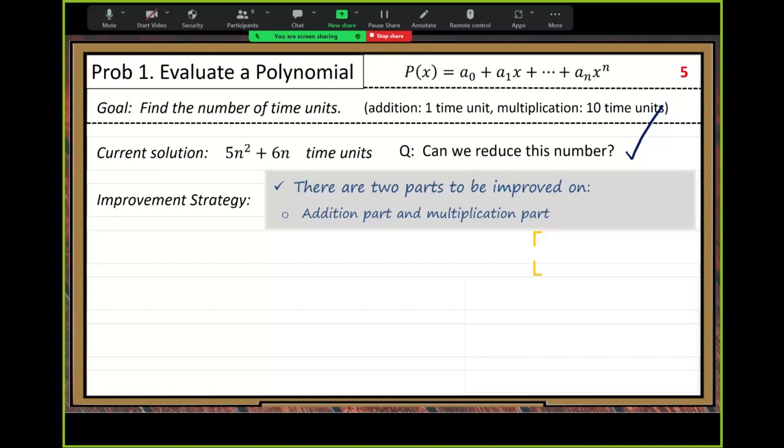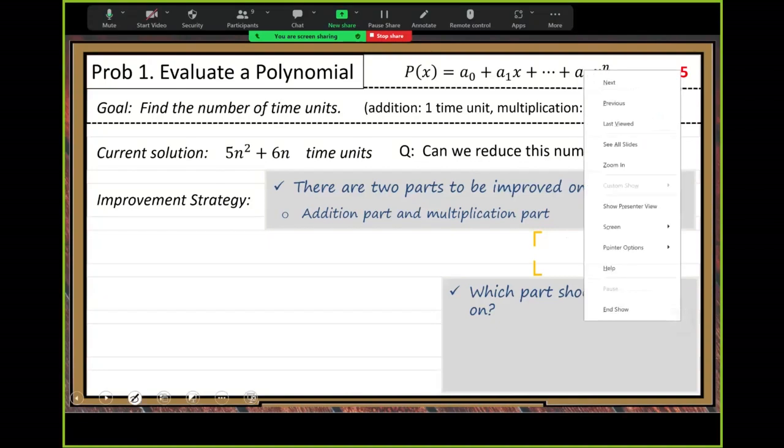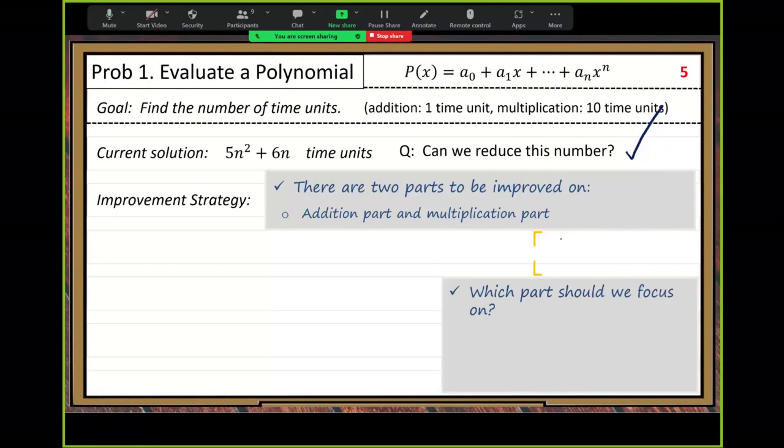Which part gives us more room for improvement? Remember, the number of units for the addition part is n. The number of time units for the multiplication part is 5n squared plus 5n. You can see the multiplication part is much larger than the addition part.